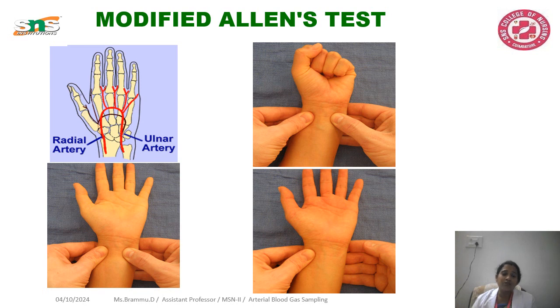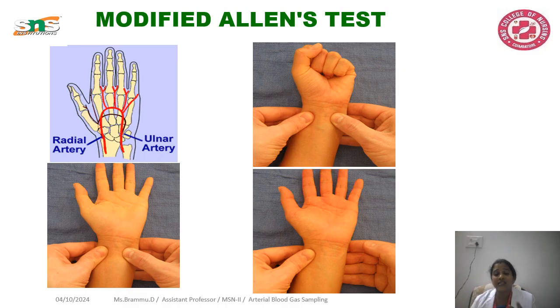In the third picture, you can see that the hands are somewhat blanched, yellowish and pinkish in color, and slowly the radial artery is also released, whereby you can see the pinkish perfusion on all the digits receiving the pink blood flow. This pink color change of the patient's hand denotes that there is good perfusion.